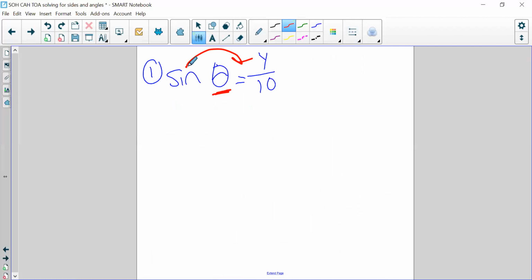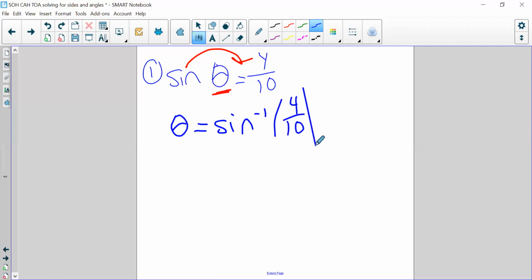I need to undo this part of my formula. To do the inverse on your calculator, you're going to hit sine -1. Most of the time you have to hit shift sine or second function sine to get the -1 with sine. And when you do this, it will turn 4/10 into an angle measurement. So sine -1 of 4 divided by 10 is a 23.578 degree angle. I'll just round this to 24 degrees.